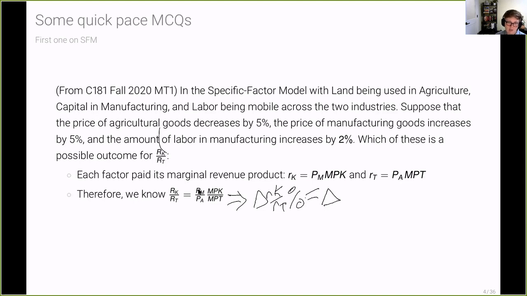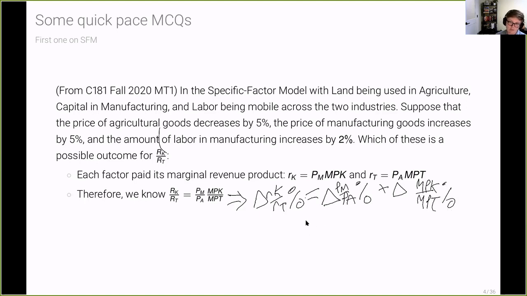I'm going to note that anytime you have a multiplication of two things, in percentage change rules, that's just adding up two things. So if I have these two terms, PM over PA and MPK over MPT, then that percentage change is going to be whatever the percentage change of the first term is, plus whatever the percentage change is of the second term.